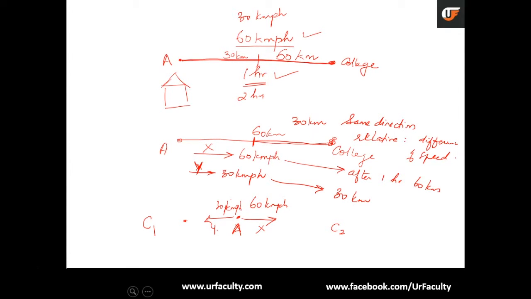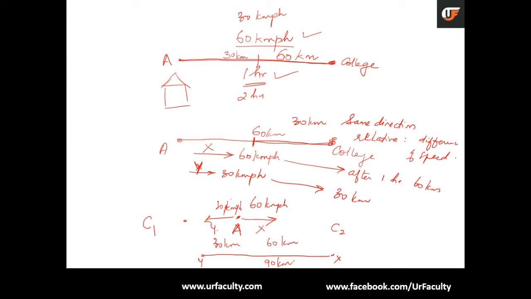What happens after 1 hour? After 1 hour, your friend Y would have traveled a distance of 30 km and you would have traveled a distance of 60 km. So if you look at the displacement, the difference between your friend and you will be 90 kilometers.